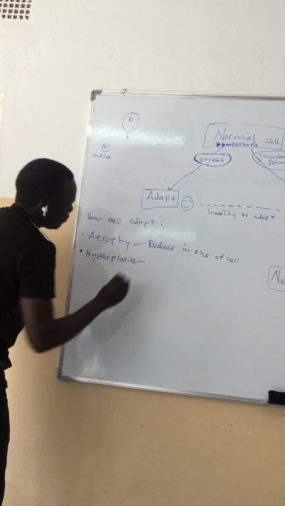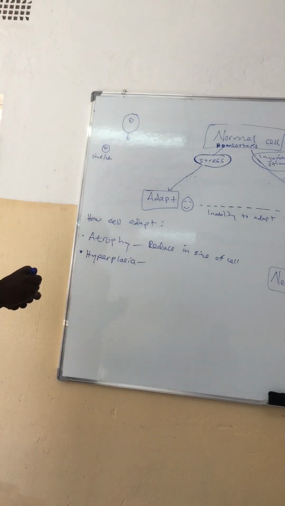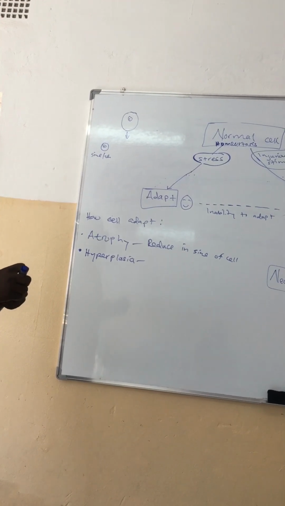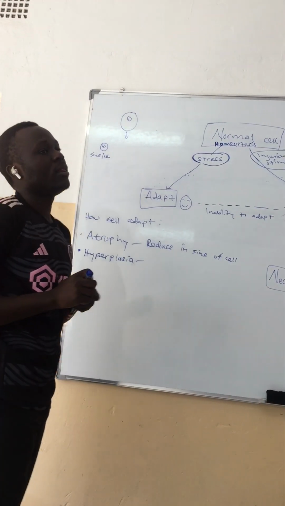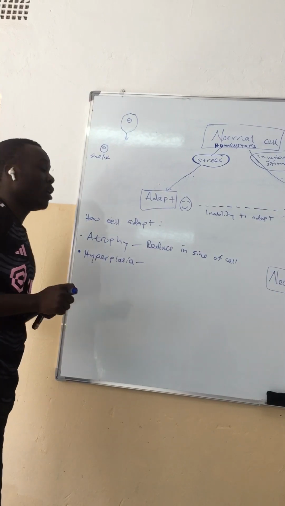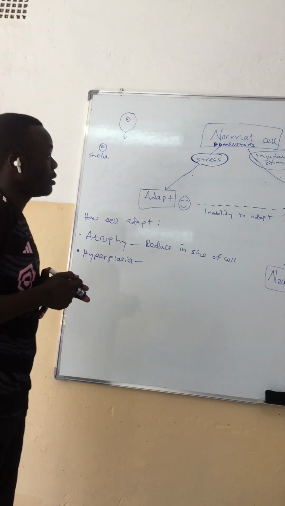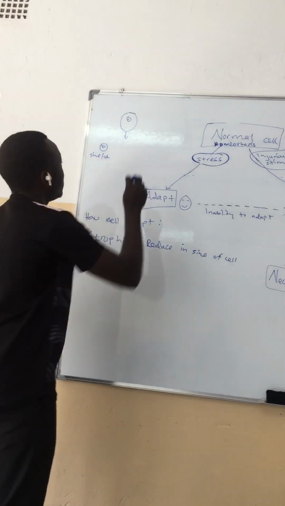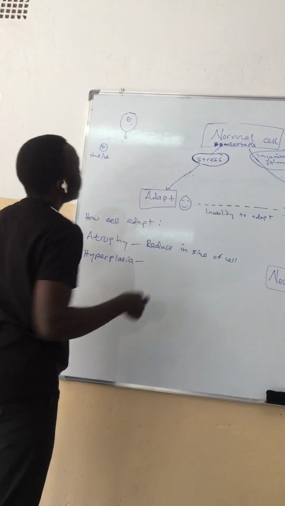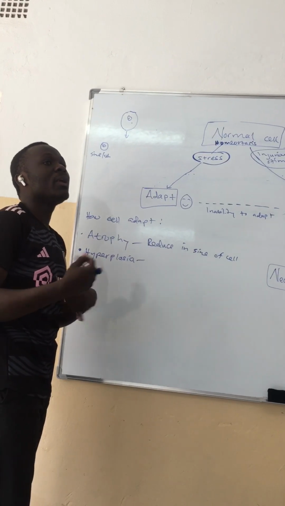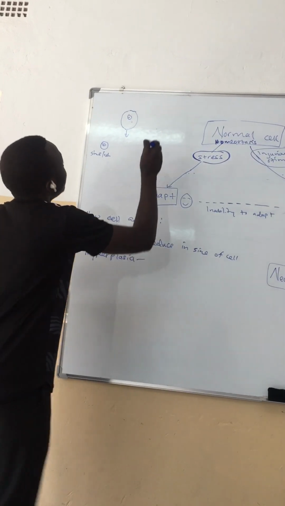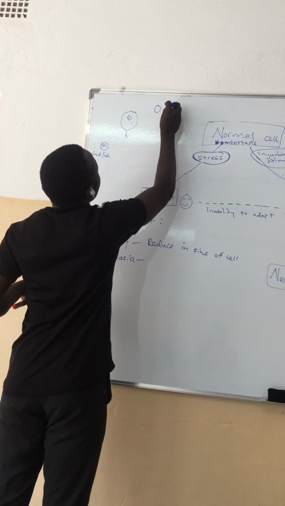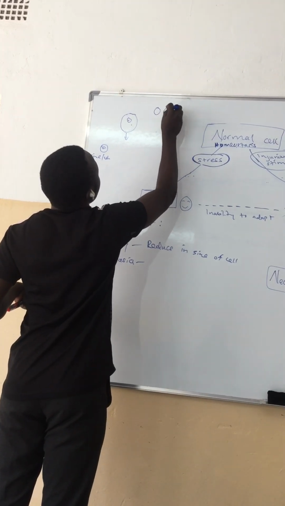Number 2, we'll talk about hyperplasia. What is hyperplasia? Hyperplasia is when the cell has been stressed and wants to overcome this stress. What happens is that the cell will multiply itself to as many as possible. Let me just say these are the cells.